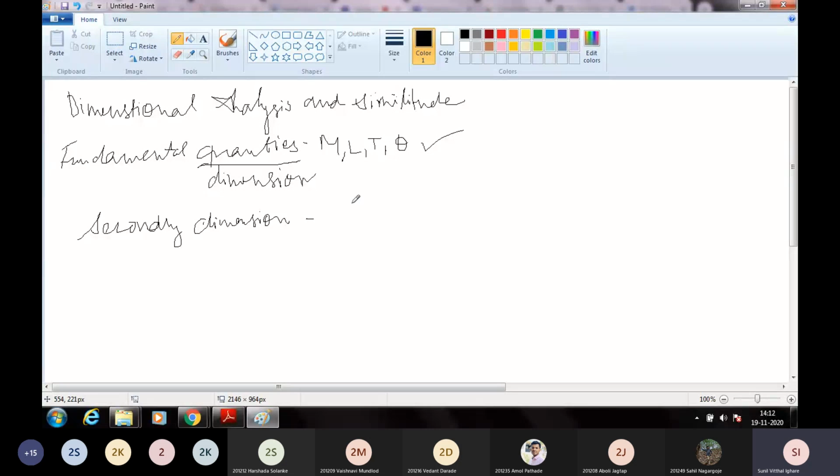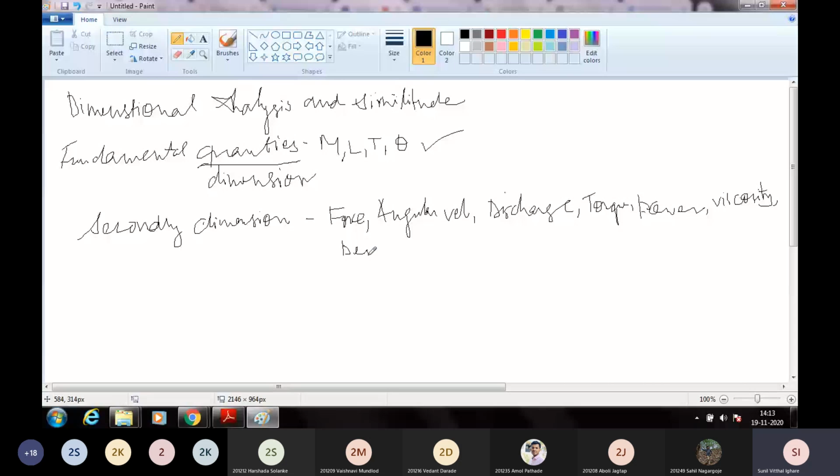Like, suppose we take the example of force. We will see in a few minutes how it depends on others. Then the angular velocity, discharge, torque, power, viscosity, and after that the density.